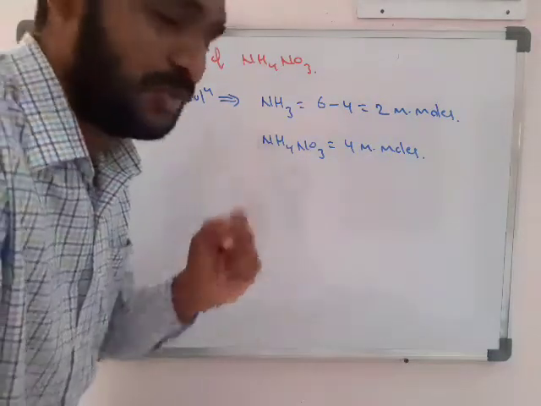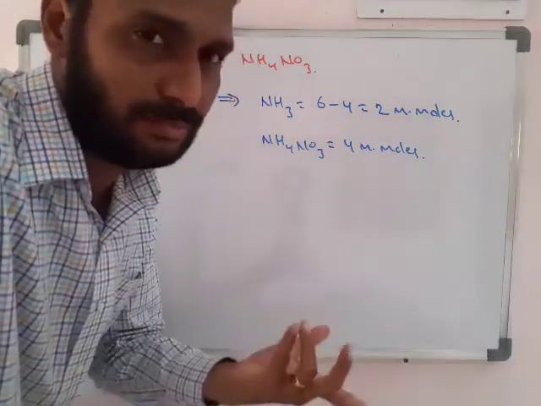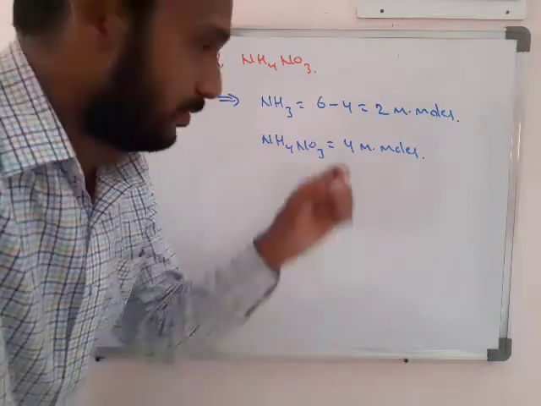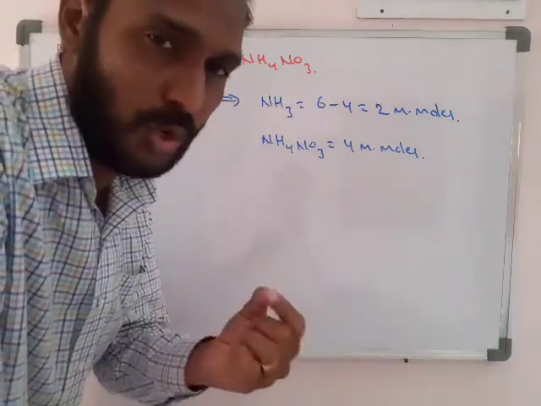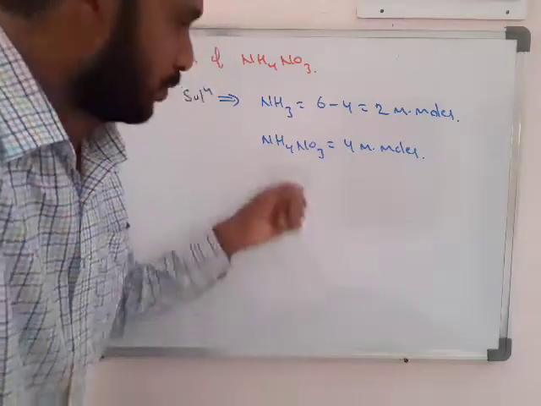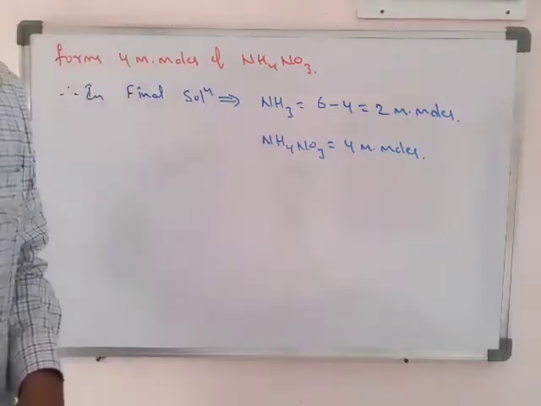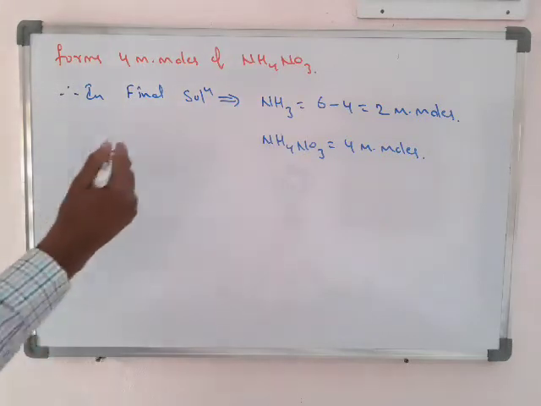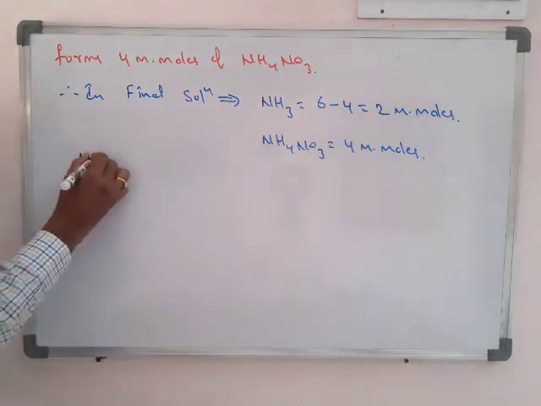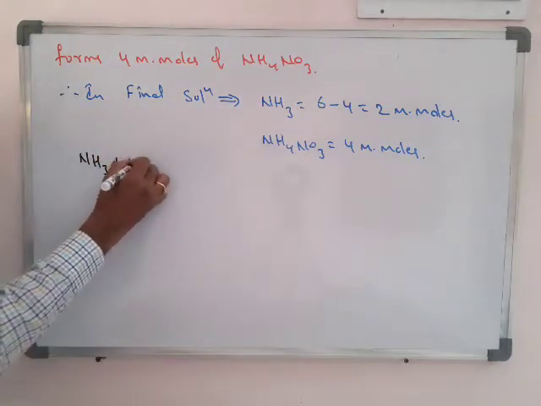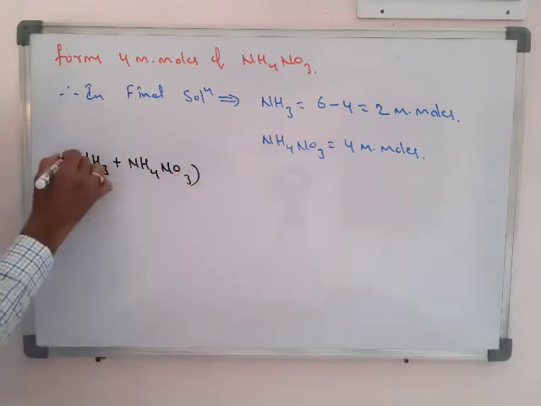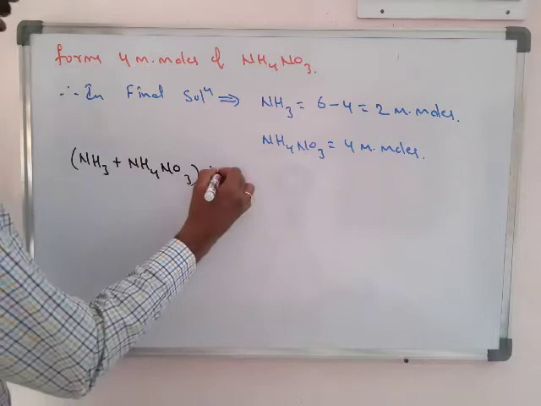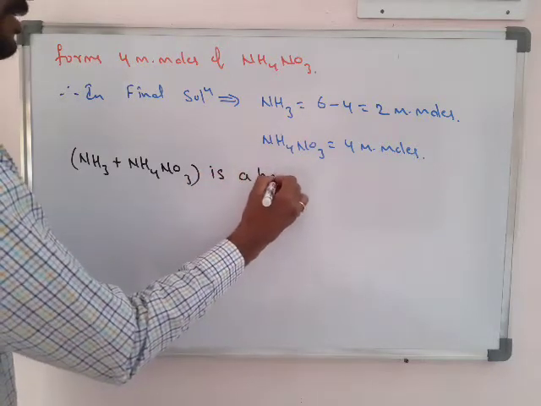You know ammonia is a weak base, and the salt formed by it with a strong acid HNO3. So this mixture works as a basic buffer. Here the mixture NH3 plus NH4NO3 ammonium nitrate is a basic buffer.